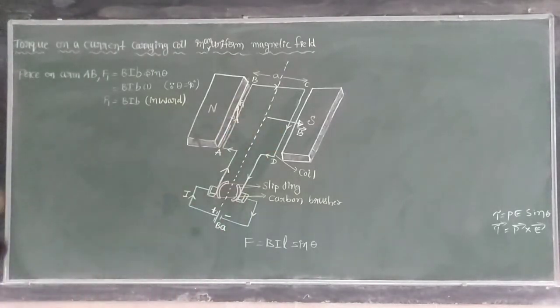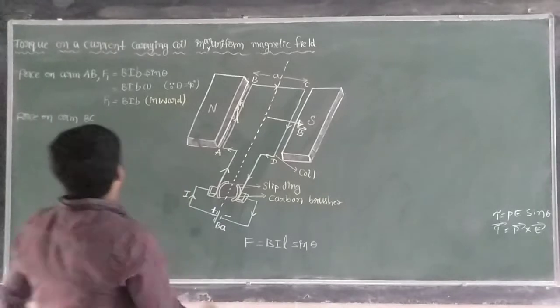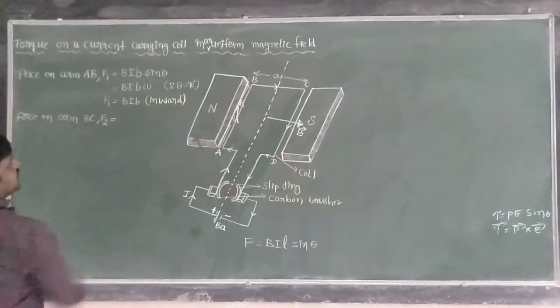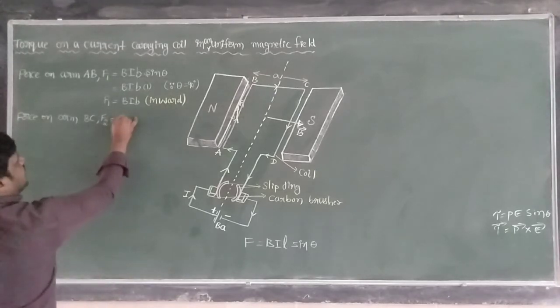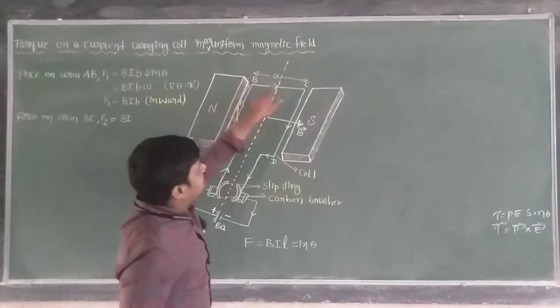Next one. Force on arm BC. Arm BC means on this one. Force on arm BC is F2. F2 is equal to B I L sin theta. L means length. What is the length of the BC conductor?